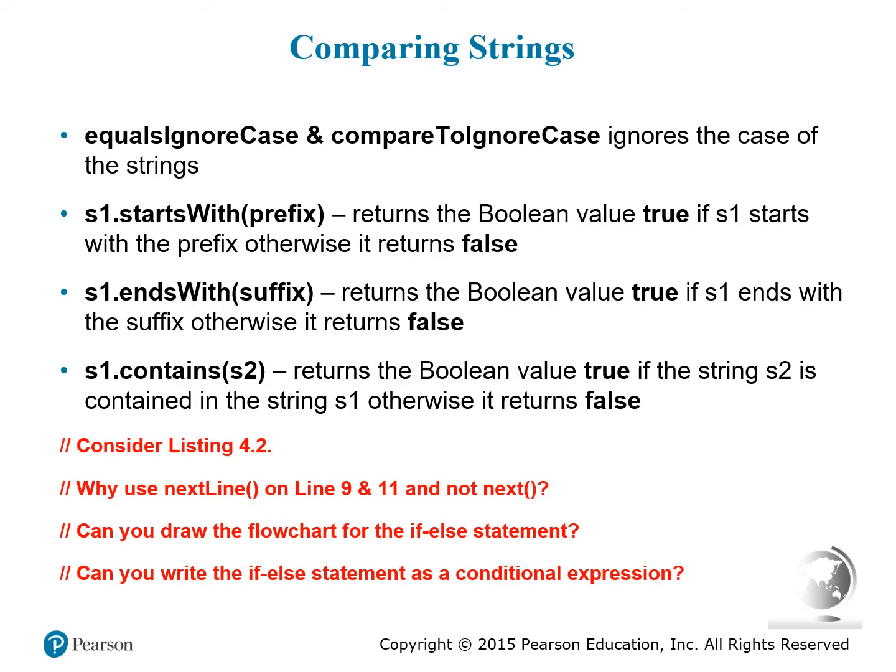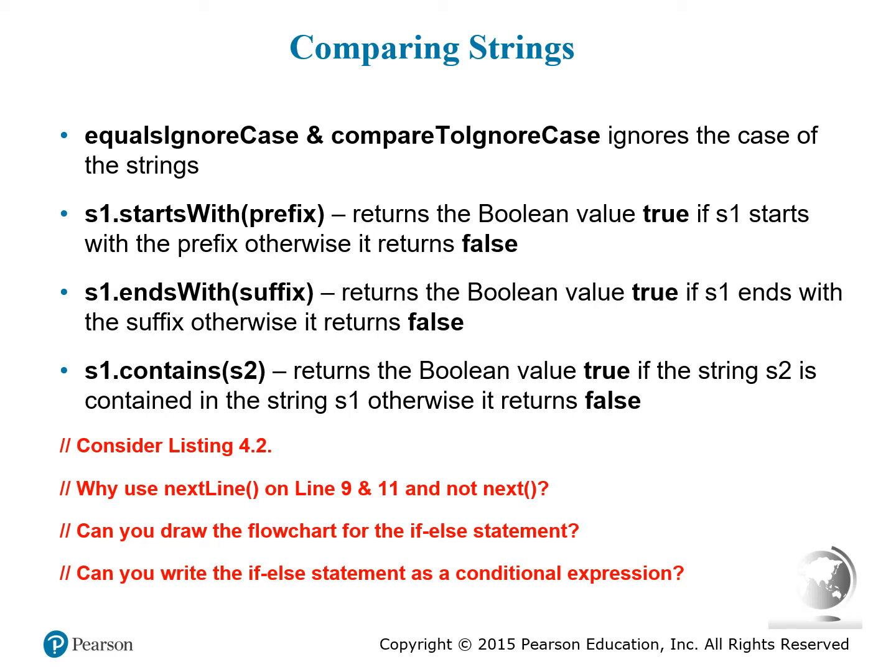The equals method that we just saw is case sensitive. If we want to determine if the two strings are equal without case sensitivity, we should use the equalsIgnoreCase method. Similarly, we're provided with the compareToIgnoreCase method for case insensitive comparisons of strings. The startsWith method allows us to determine if a string starts with a given prefix.